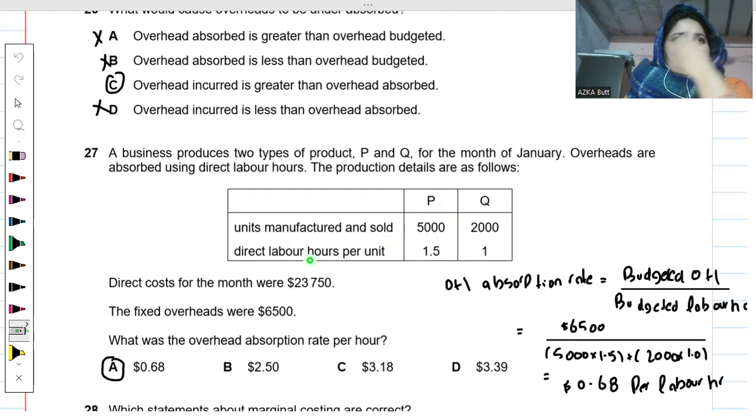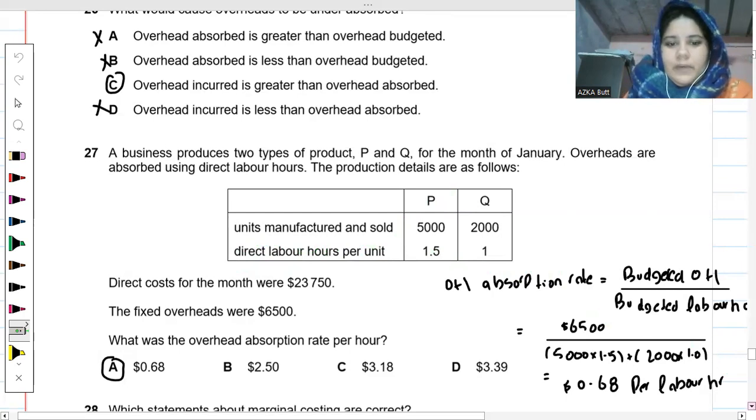So it totally depends on whether your P department is capital intensive or labor intensive. If it is labor intensive, we have to make the base direct labor hours. But if it is capital intensive, we have to make the base machine hours for finding the overhead absorption rate.